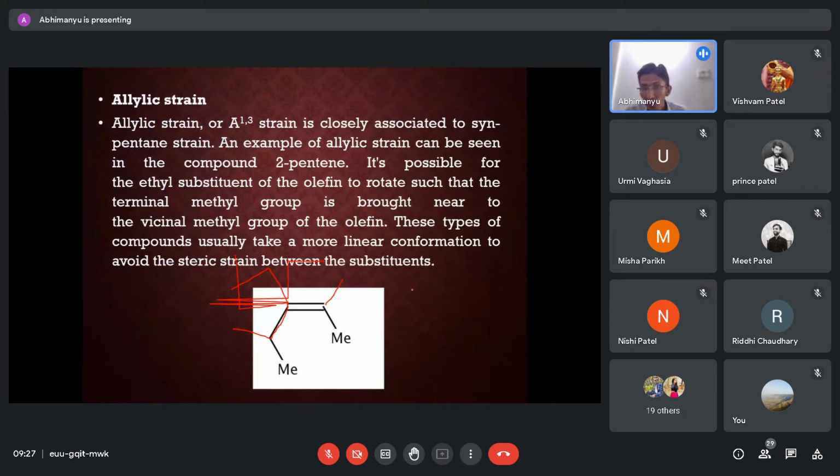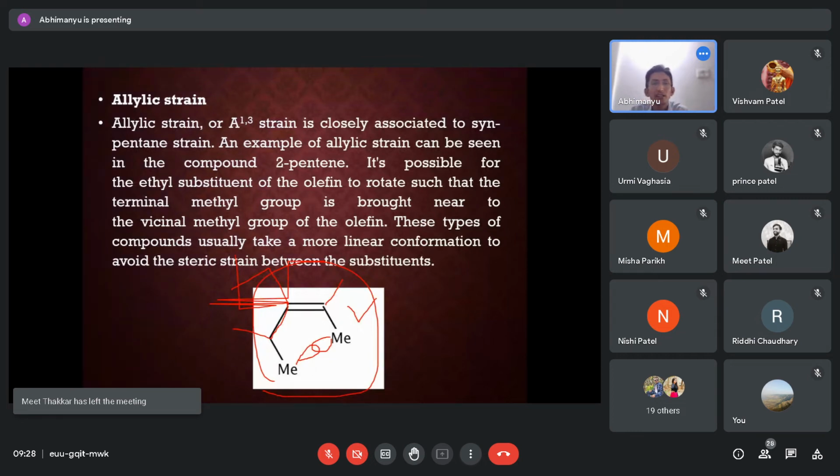But out of the different conformers and rotamers, in the conformation I placed here, the orbitals of methyl and methyl are almost near each other. So this is the least stable structure. It is known as allylic strain due to the repulsion of the orbitals of one methyl and another methyl. This is the example of allylic strain.